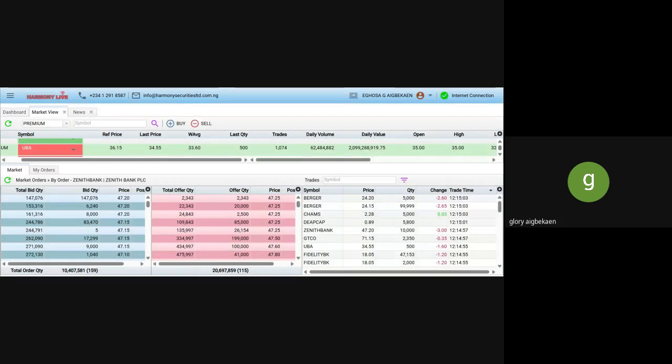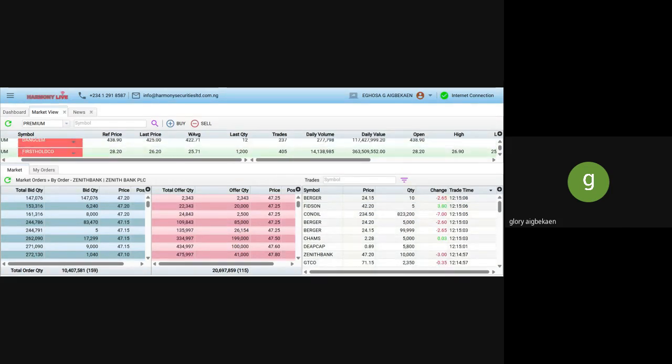UBA have done 2 billion. First Bank have done 363 million.